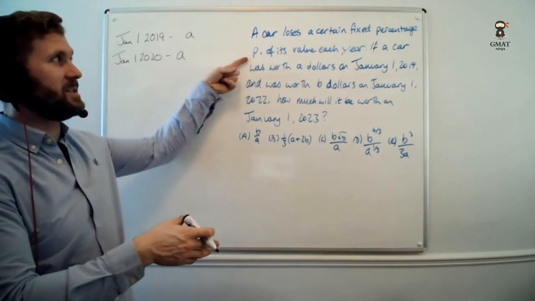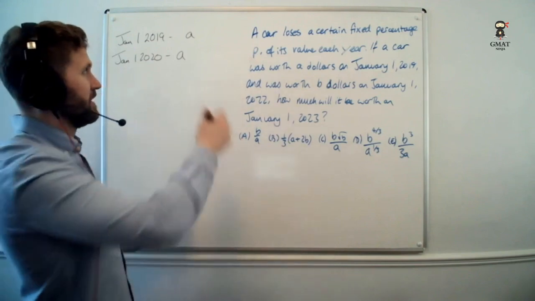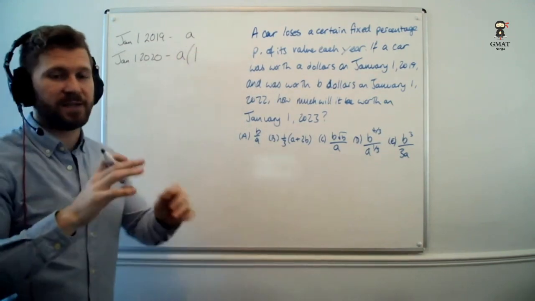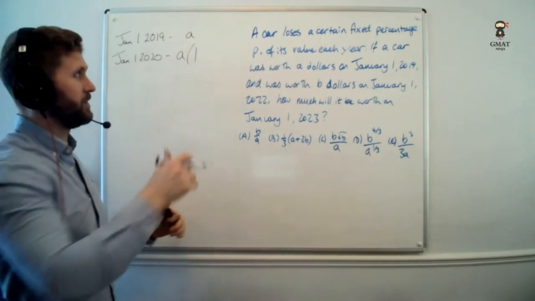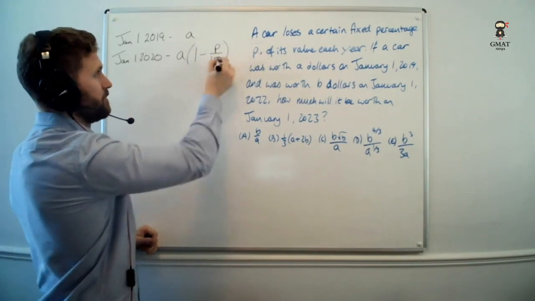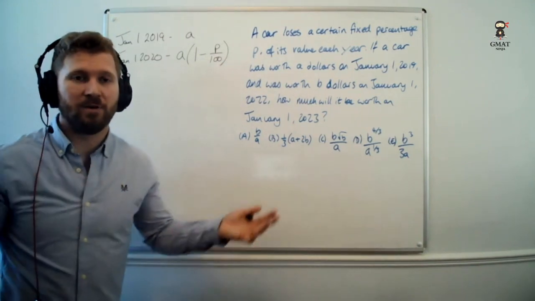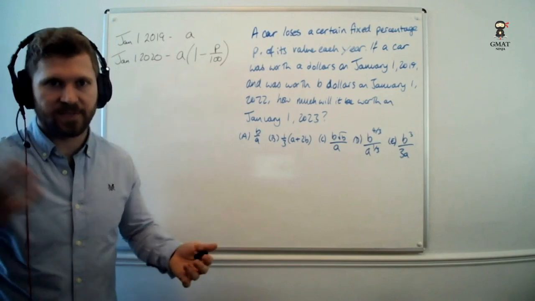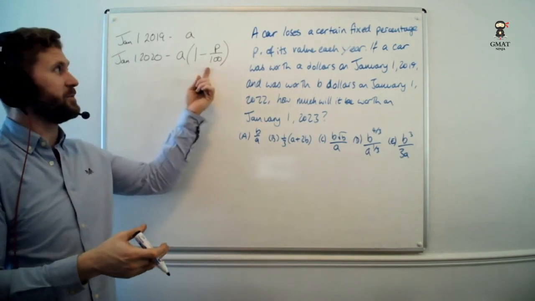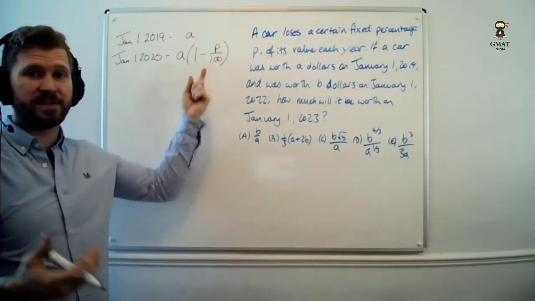In this case, I'm going to decrease by P%, but I don't know what P is, so I can't take that off the 100, but I can represent it in the same way. 1, that's the same as 100%, 100 over 100, we could just write as 1, minus P%. Now that would be the percentage of the original. And as I said, if you're decreasing by 25%, this would be 75% of the original. But I don't know what P is, so this is the best I can do.